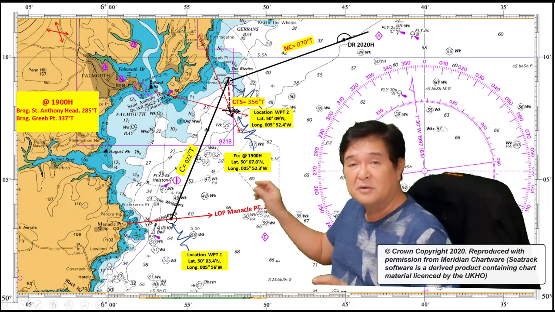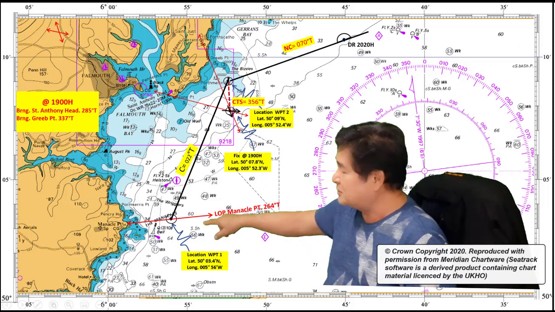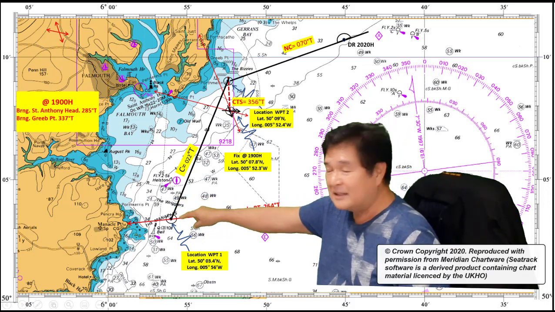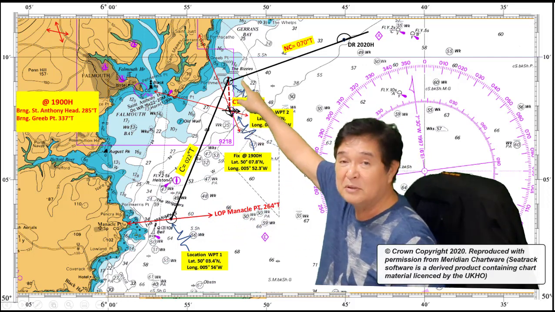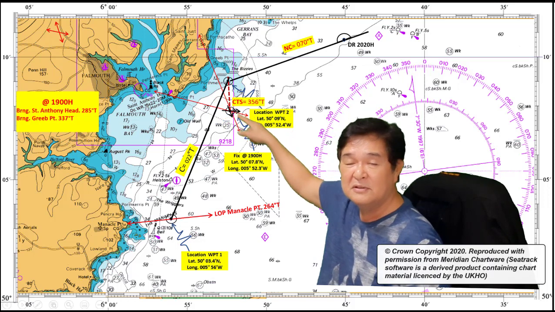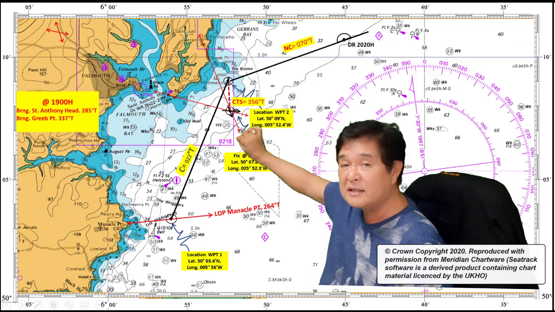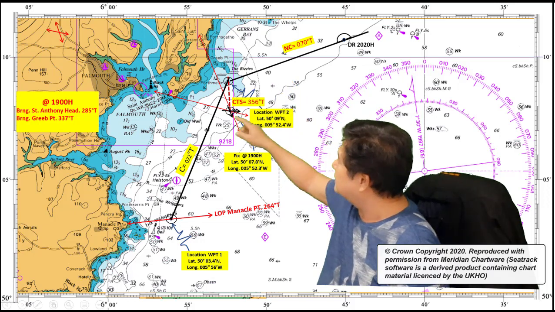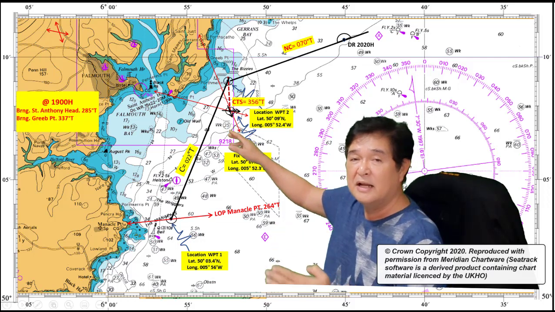So this is now the final product of the electronic plotting. We start from waypoint 1, and then we get the LOP of Manacle Point. Then we locate waypoint 2 about here, and we make a simultaneous cross bearing to St. Anthony Head and Grip Point, and we have a fix at 1900. After that, we are off course from our course line.